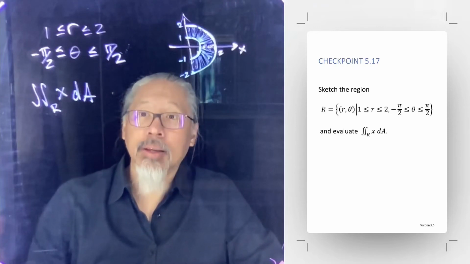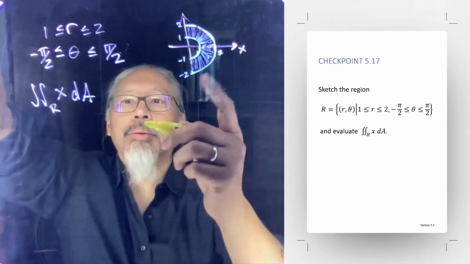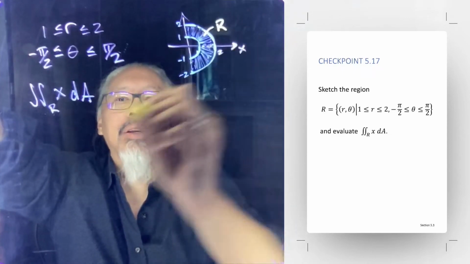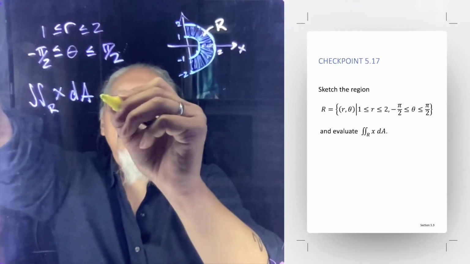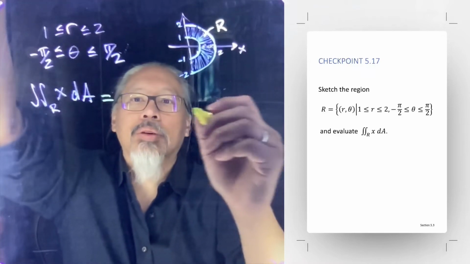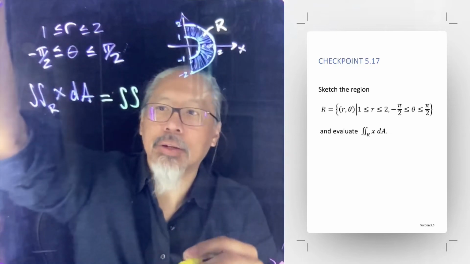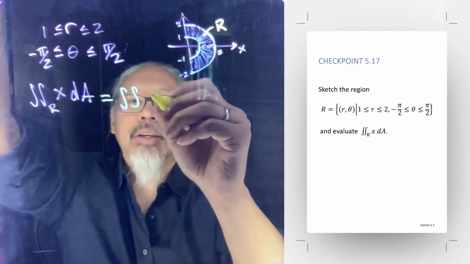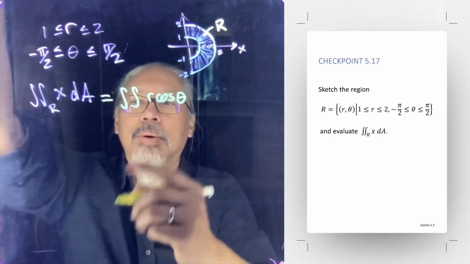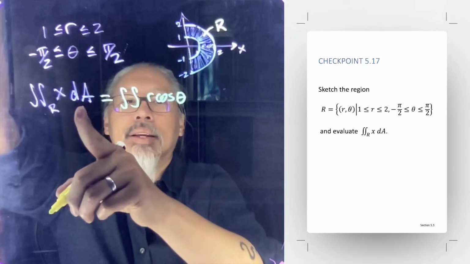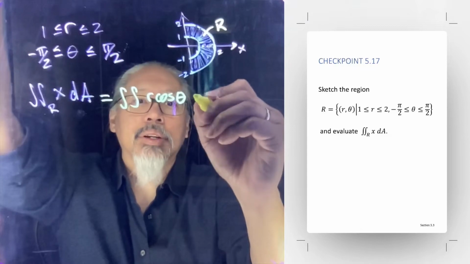All right, so now let's work with this double integral. Now that we know the region, we'll call this region R, and we have a double integral over R of x dA. This is most appropriate for polar coordinates, so we will use polar coordinates. We have our limits already set up, and we just need to change all the x's and y's into r cosine theta and r sine theta. There's no y, so let's leave it at that. Now dA is dr d theta, but remember that the transformation requires you to include an extra r.